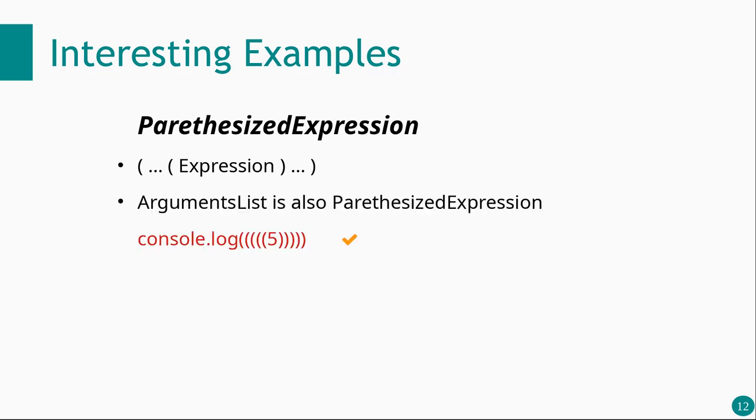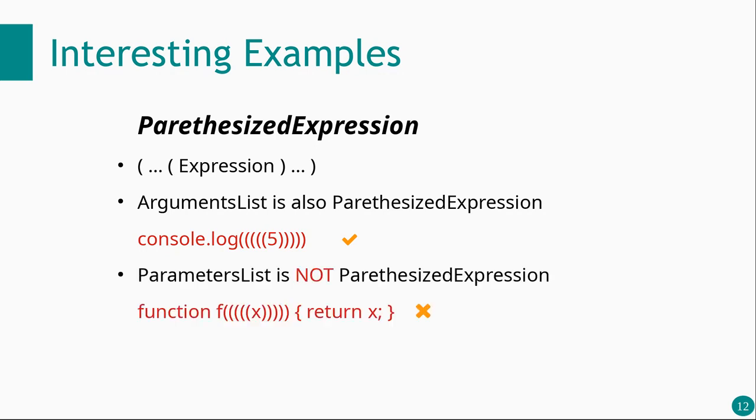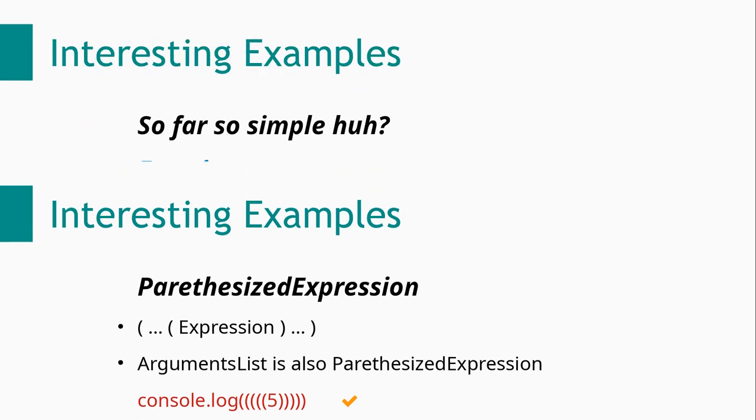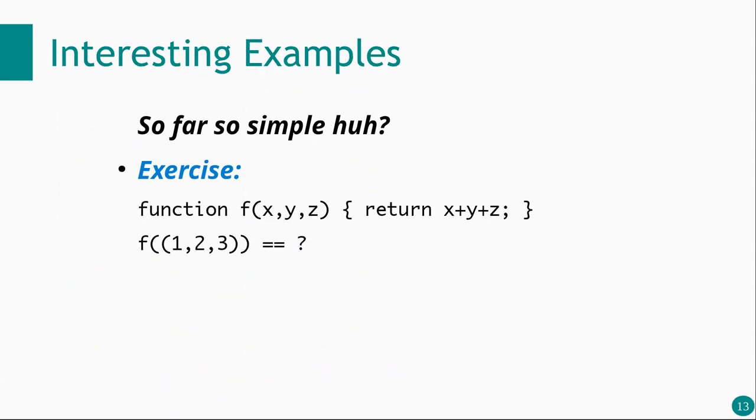However, when you are trying to define a function, the parameters list is not a parenthesized expression, so you cannot do the same in a function definition. So far so simple, huh? Please try an exercise by yourself and think about why.